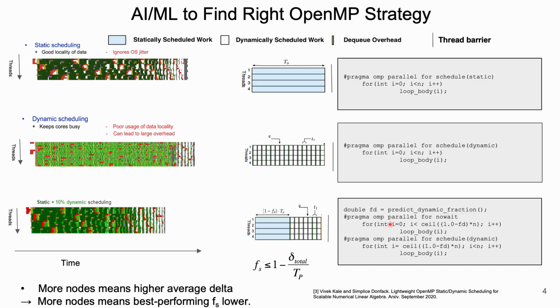In this strategy, we run some number of iterations that are pre-assigned, and then each thread obtains iterations dynamically and runs those iterations. The number of iterations each thread executes is this dynamic fraction.